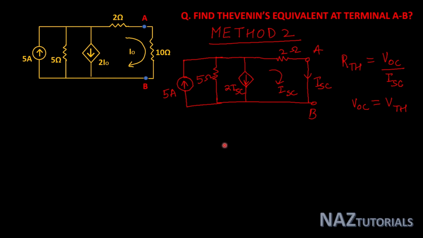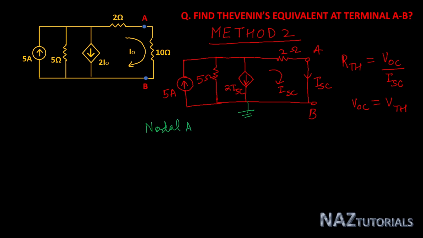For the solution of this network, we will analyze this network and calculate short circuit current. So for the analysis, we can apply nodal analysis in this particular network. So for the nodal analysis, we will assume a reference node.